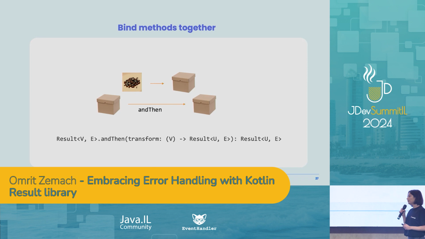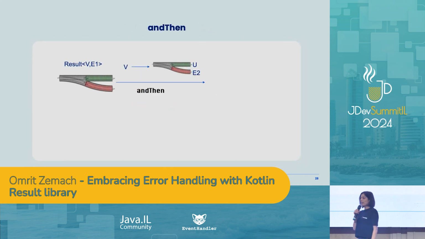We already saw in the coffee machine example that the power of the wrapper is in its bind function. So the Kotlin Result library implements the andThen function, which knows how to chain together two functions that return a wrapper. Let's use the railway analogy to understand how it works. andThen gets as an input two railway tracks with either a success value or an error value. It also gets as an input a function that takes the success value and returns a new Result type.